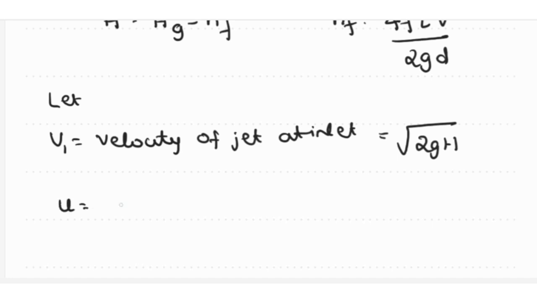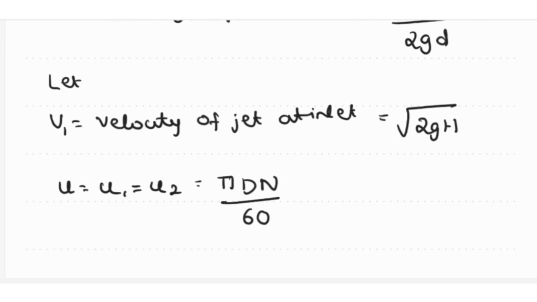So u is equal to u1 is equal to u2, the velocity of wheel. That can be calculated using the formula pi D N divided by 60, where D is the diameter of the wheel and N is the rpm, the number of revolutions.